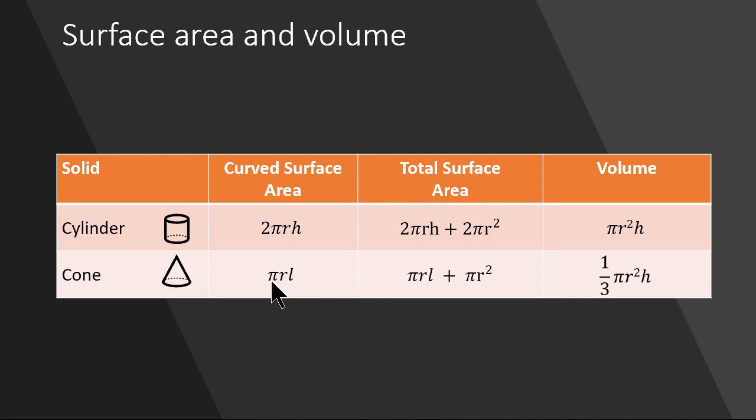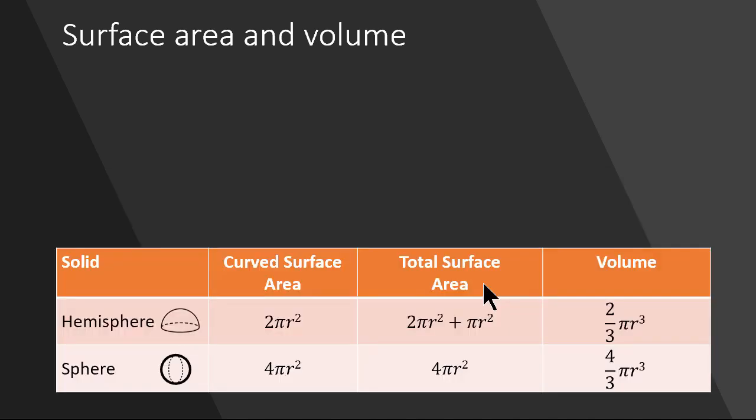Cone curved surface area is pi r times slant height, and total surface area includes the base area. So this is how you can remember cylinder and cone formulas. If you simplify, you get 2 pi r times (r plus h), and the surface area of cone is pi r times (L plus r).